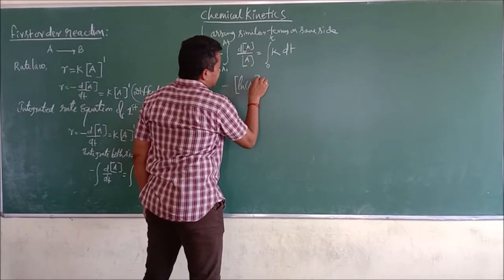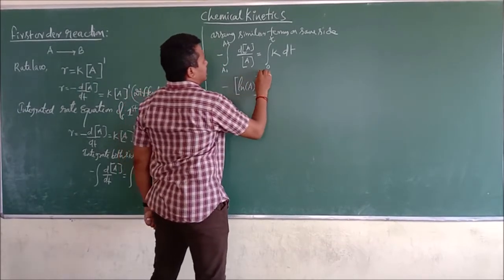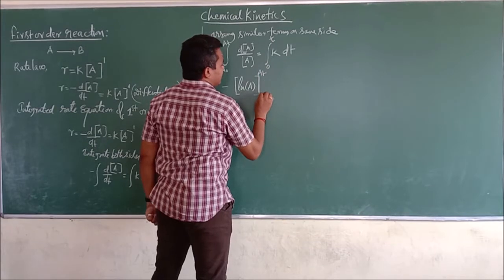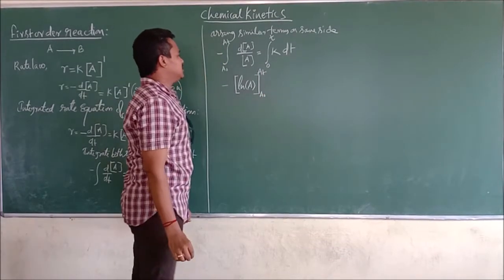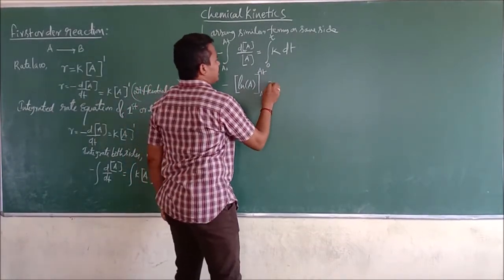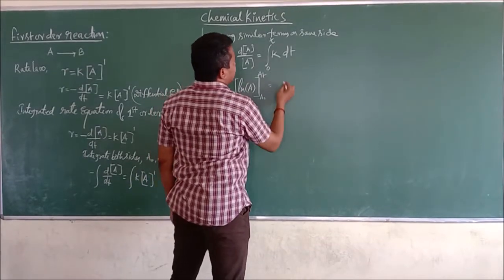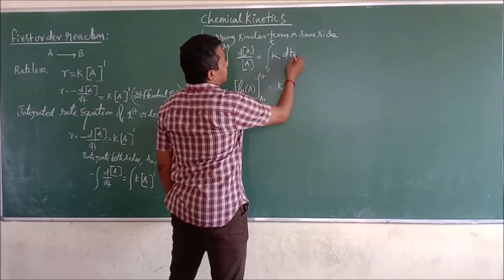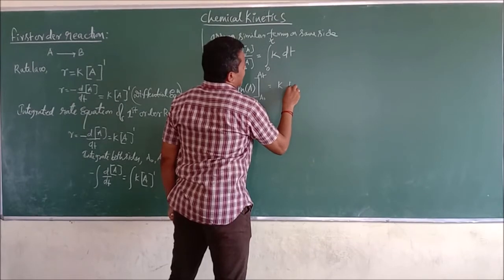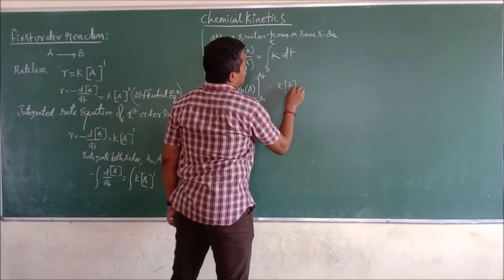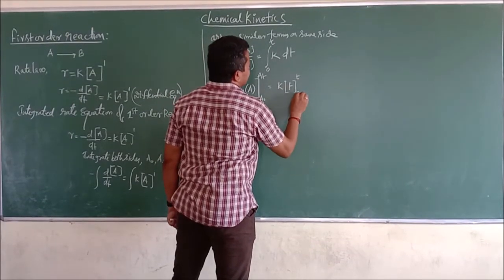So log A between the limits At and A0, that is what comes after integration. And here, k is a constant. For dt, after integration t will come, over the limits t and 0.